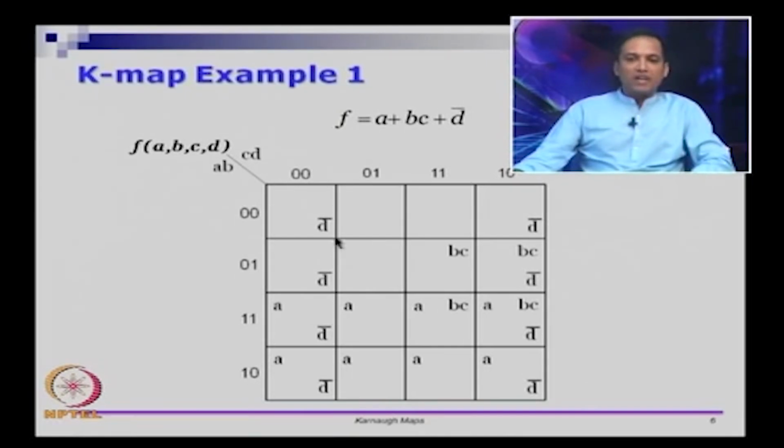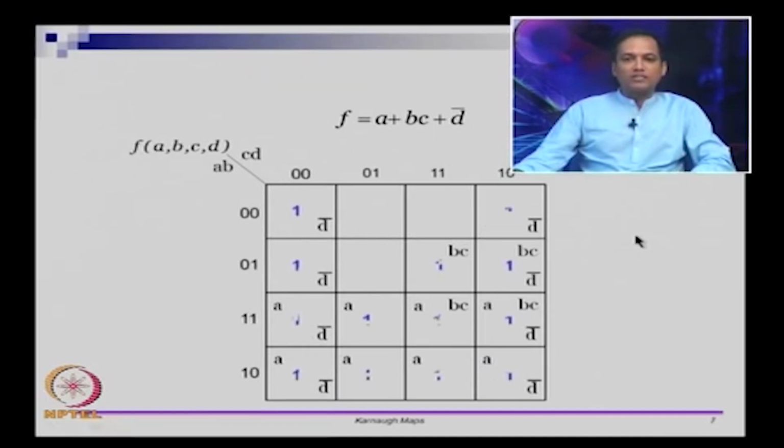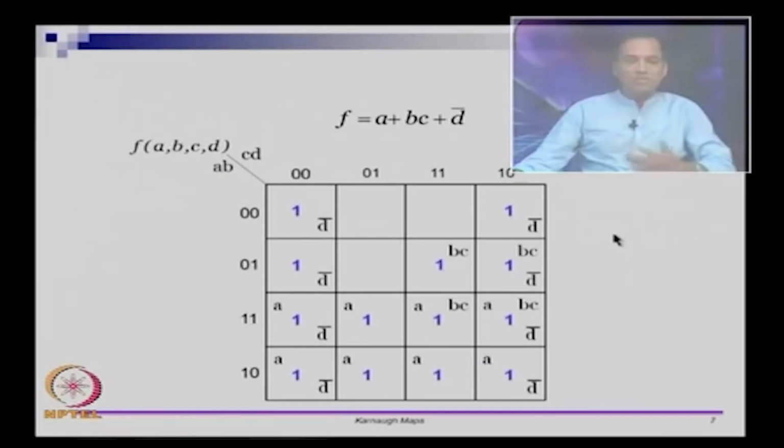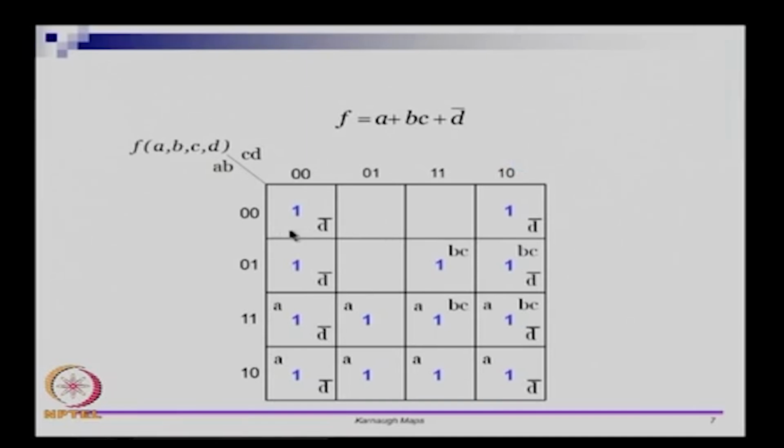Now wherever you see something like this, this is true when A is true, this is true when either A is true or BC is true, this is true only when BC is true, this is true only when D is 0, and so on. So wherever you have some entry, you make all of them 1s, because that is what the truth table tells us. You can see that, right.